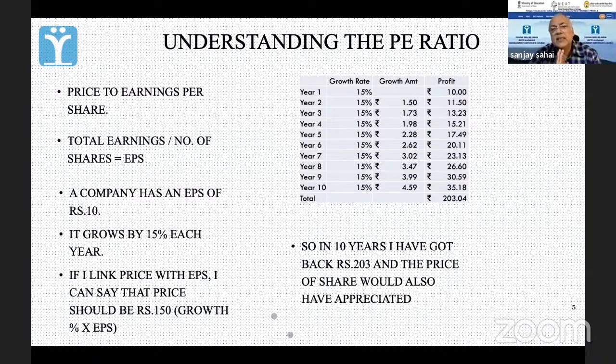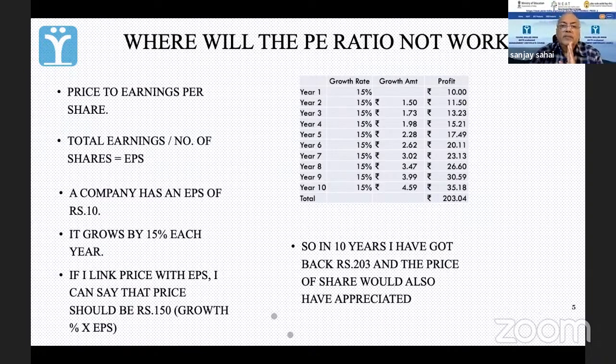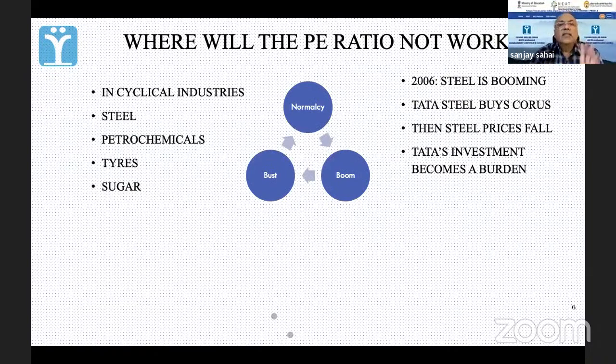Now, the point is, can we always rely on PE ratio? The answer to that is that no, you can't always rely on PE ratio, because there are a number of sectors where, what shall I say, the industry is considered to be cyclical.